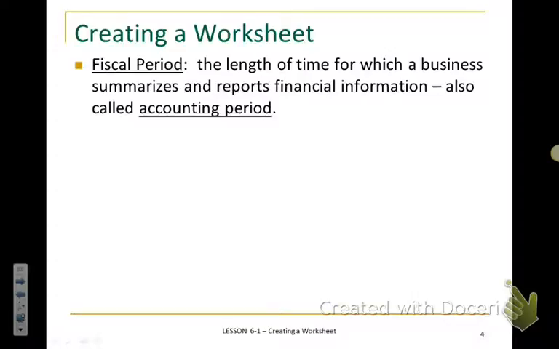Typically speaking, a company picks a fiscal year end shortly after their busiest season, because the logic is that if they have any inventory or supplies, right after their busy time, theoretically, all of that stuff is cleared out. So they have the least amount of that stuff on hand at the end of their fiscal period.